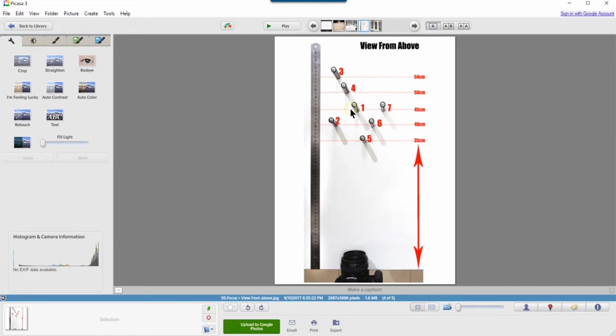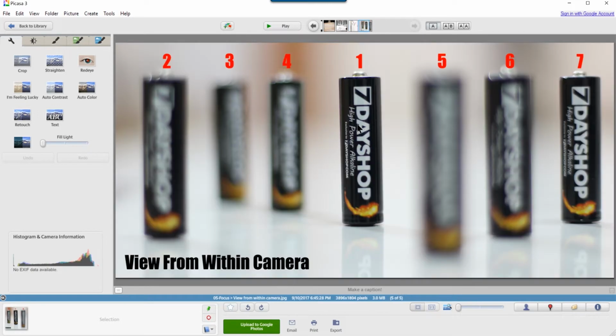What's the other battery that's the same distance from my camera? Battery number 7. So I created this demonstration to show you that battery number 1 and number 7 are the same distance from the camera. Battery number 3 and number 5 are the furthest from the camera. And battery number 4 and 2 and 6 are the same distance, 1 back, 1 forward, 2 forward.